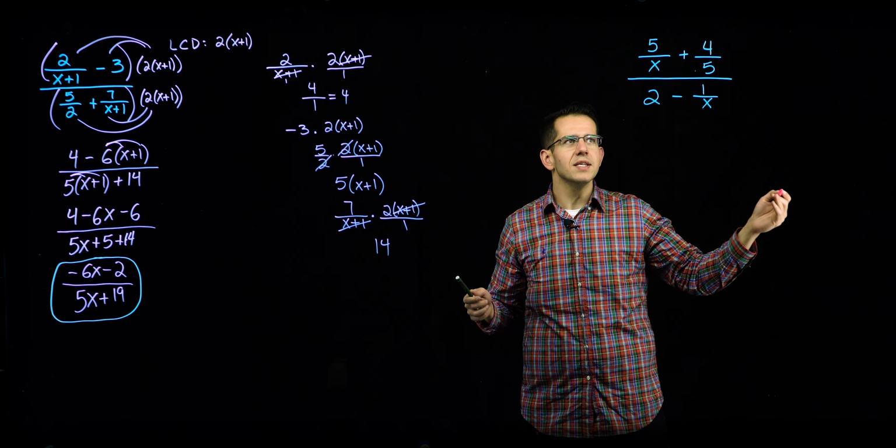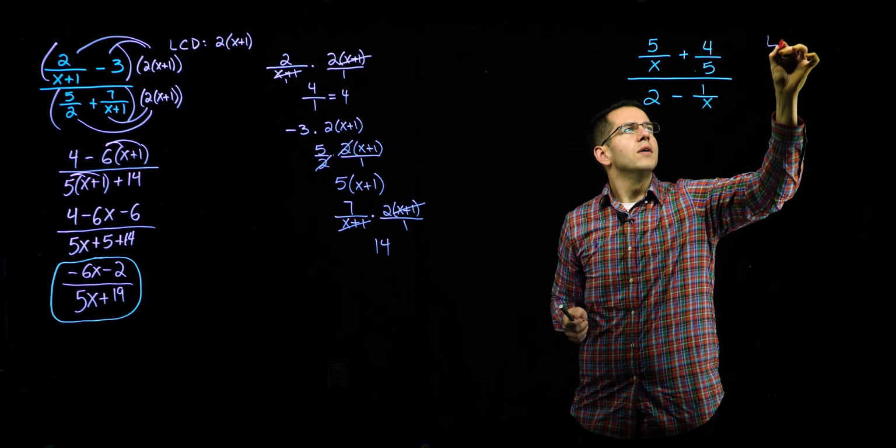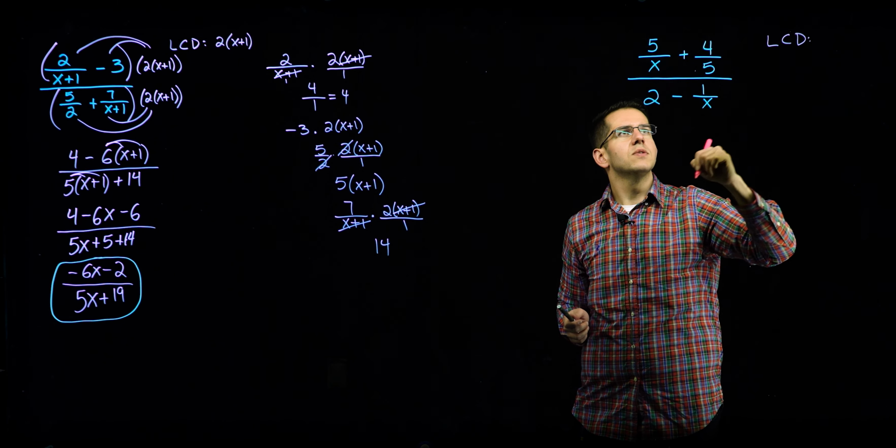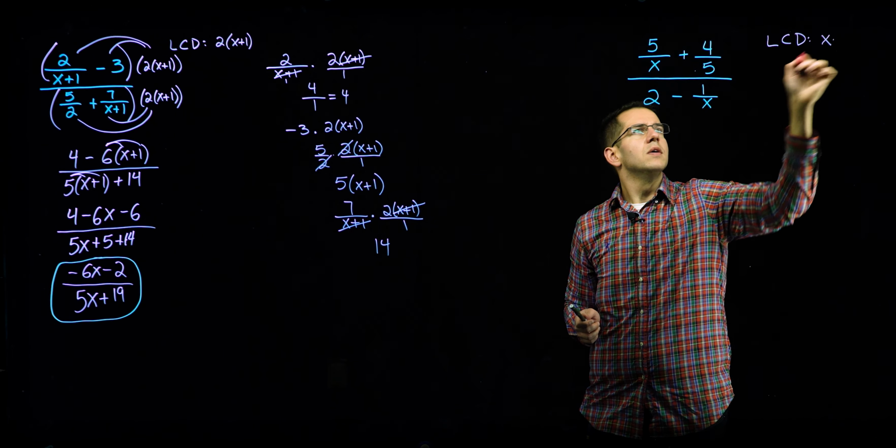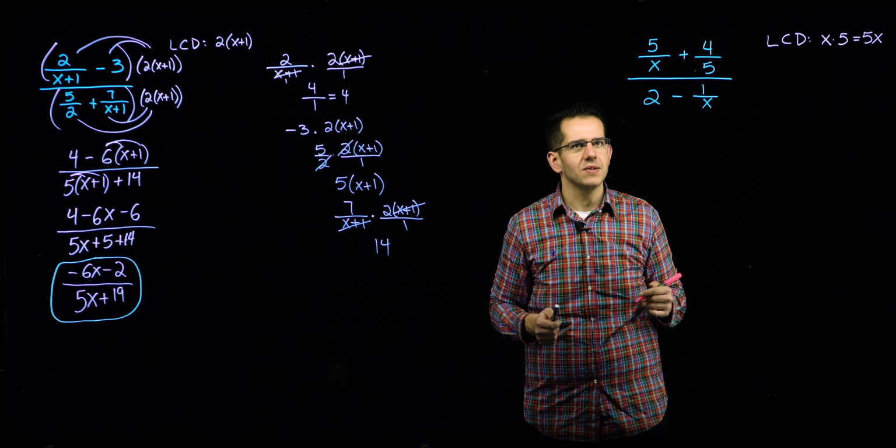Okay, so trying this together, the LCD in this case is x times 5, and then we have another x. We're not going to use a repeat. We don't need it, so we just get 5x. The only case where you would want to repeat is if you had something like x squared. You would need both of those x's.